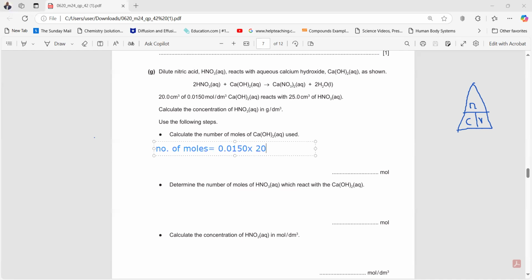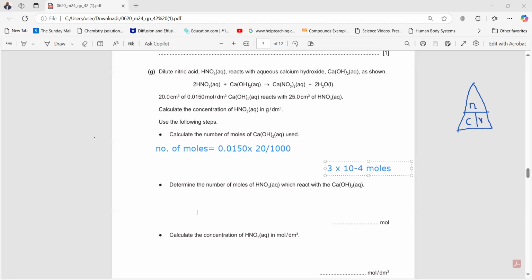But remember, your volume is always supposed to be divided by 1,000 in order to change the cubic centimeters to dm cubed. So that would be the working there. And then if you calculate, your answer is going to be equal to 3 times 10 to the power minus 4. These are the number of moles of your base.